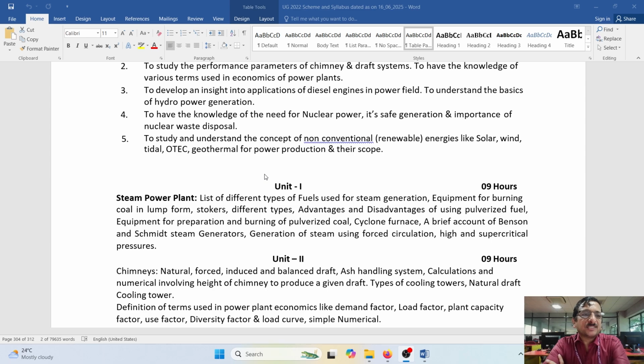The first unit starts with the steam power plant, where in India we are getting almost 75% of all our power from steam power plants only. So we'll discuss the types of fuels, how the steam is generated, equipment for burning coal in lump form, stokers, different types, advantages and disadvantages of using pulverized coal, and equipment for preparation and burning of pulverized coal.